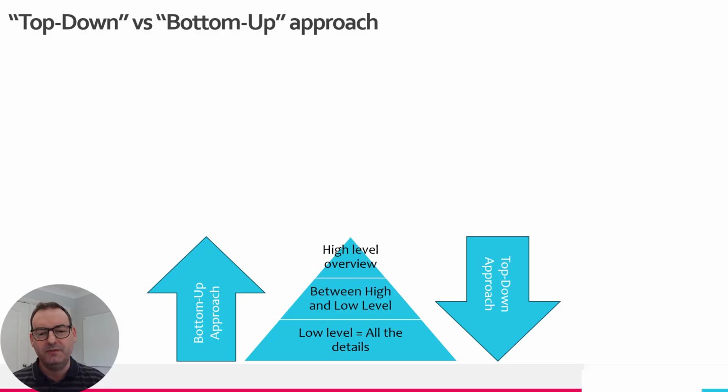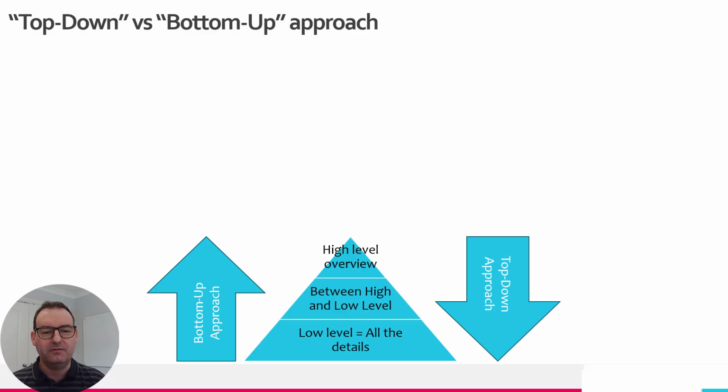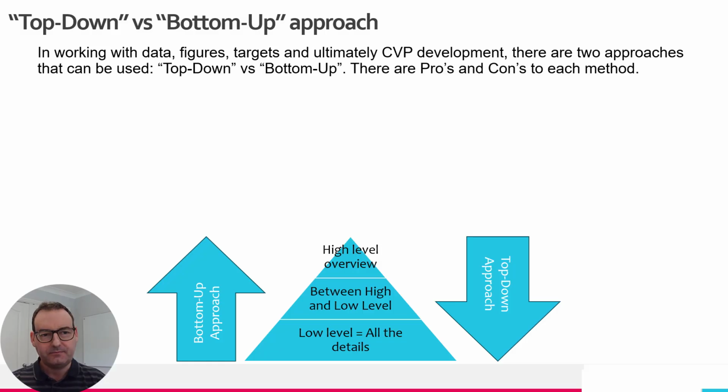Bottom-up approach is effectively starting from the bottom at the lowest level of detail with data and numbers and statistics and everything you can find. And the top-down approach is starting from the opposite, more high-level overview type concepts, but I'll explain more in detail.